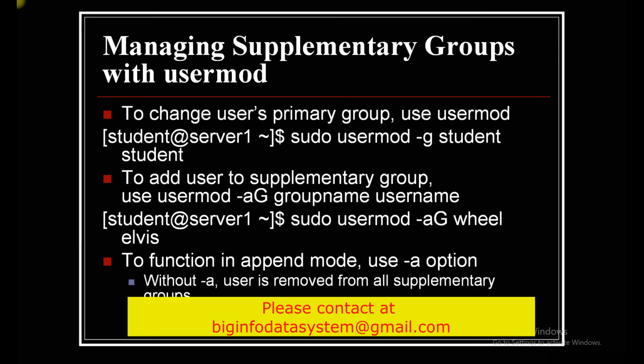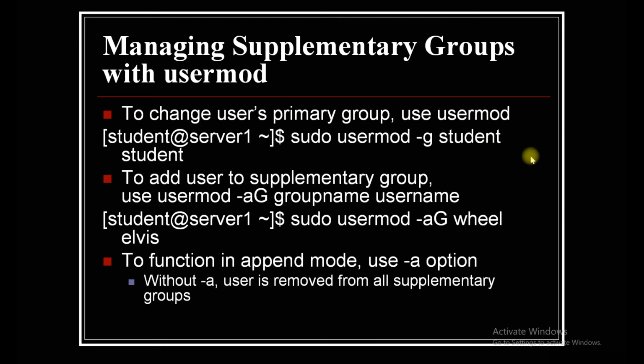Okay, so HR will be student's first department, and finance will be the secondary department. Let's say you want to mention one more, production. So if you mention finance and production using -aG, then the user will be part of finance as well as production.